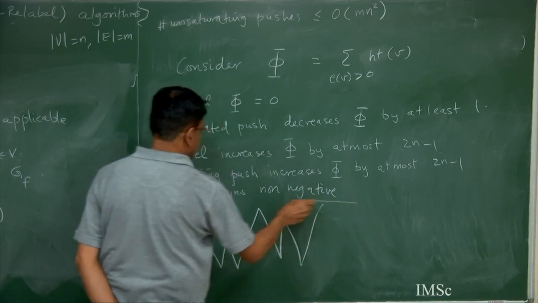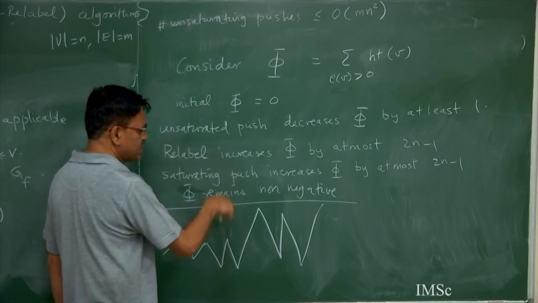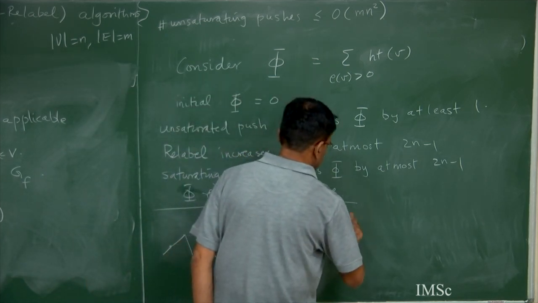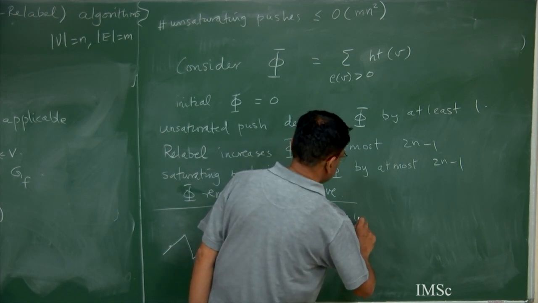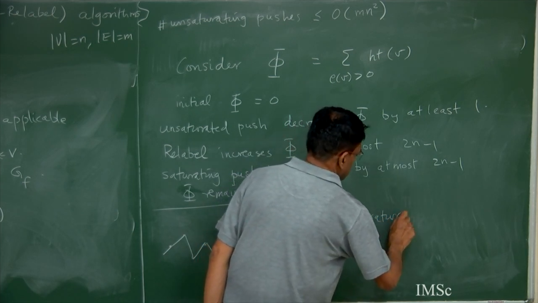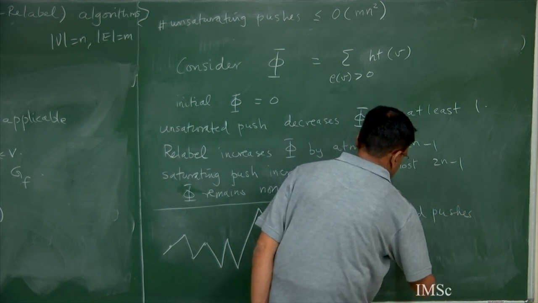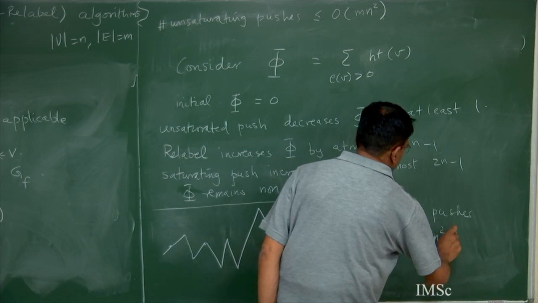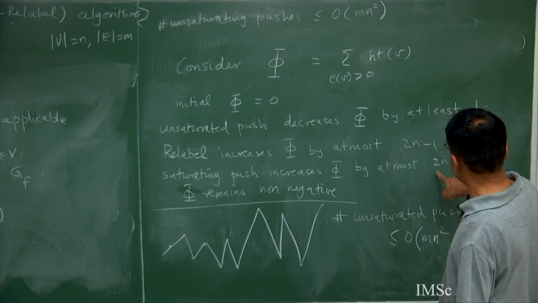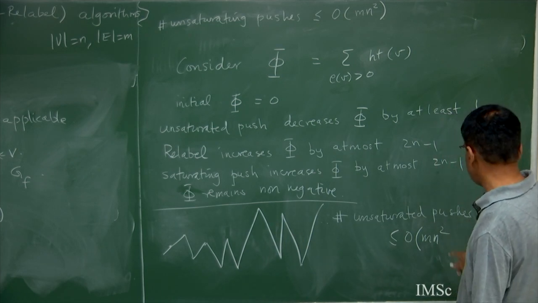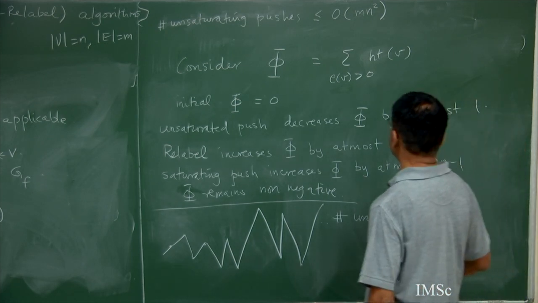But you know that the maximum value of phi is some order mn square plus n cubed, so the number of decreases, okay, so I'm just going to say hence the number of unsaturated pushes is at most order mn square, because mn is the number of saturating pushes, and each push can increase the value by n, plus n cubed. Since this is bounded, I'm just going to say this.